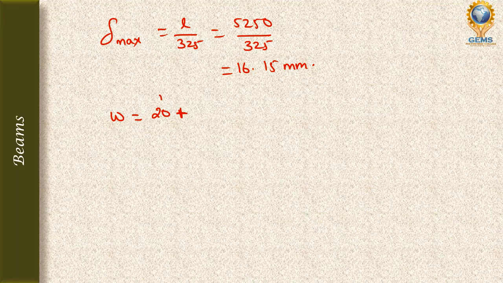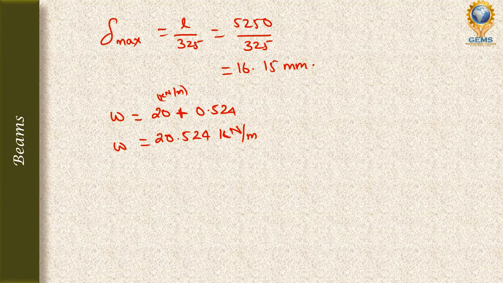We need it in kilonewton per meter, and in the question it is given in Newton, so we have to convert into kilonewton, that is 0.524. So W is 20.524 kilonewton per meter. So we found out the W also.